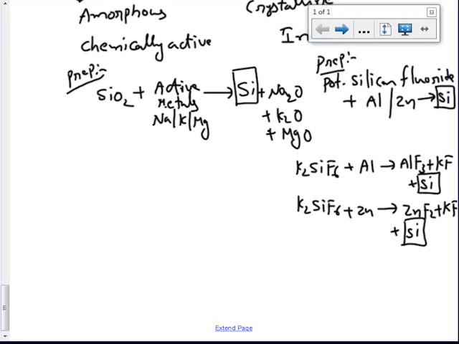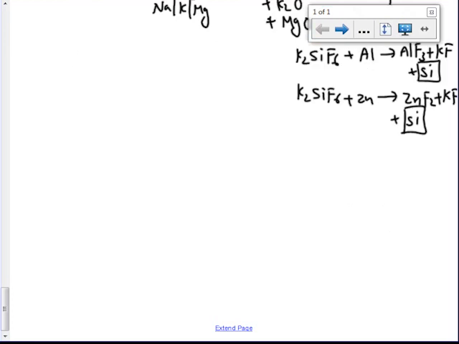The most important silicon-related compound is silicon dioxide. It looks like carbon dioxide, but the structure and properties are entirely different.